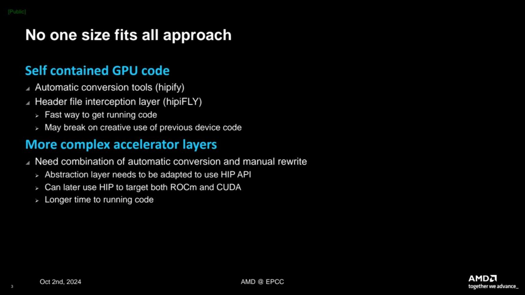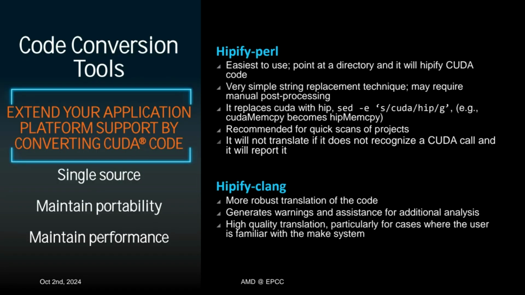In terms of the tools that can achieve automatic hipification, starting from the simplest one, we have Hipify Perl, which is basically a string replacement script that detects what strings have the CUDA name in them and replaces them with HIP. This is available in the ROCm bin directory.